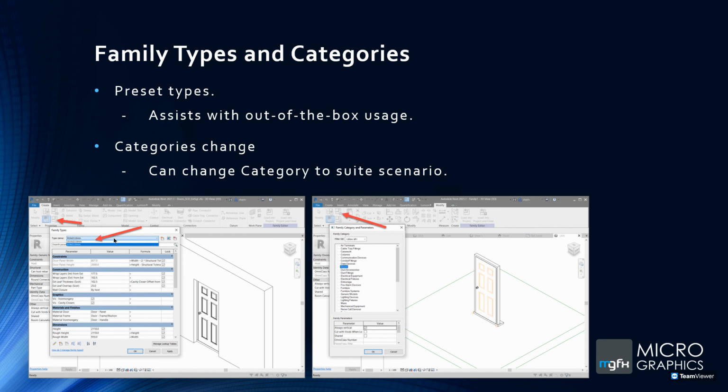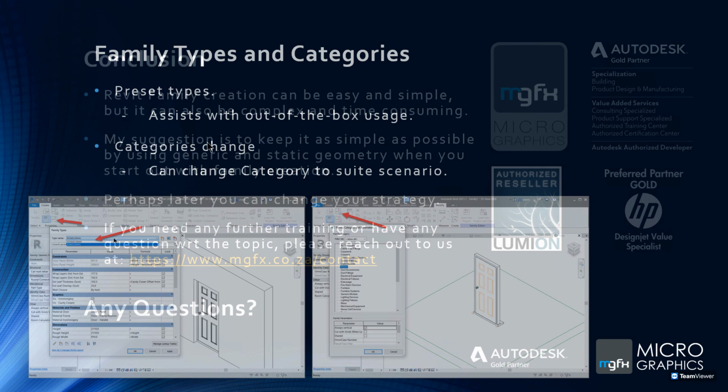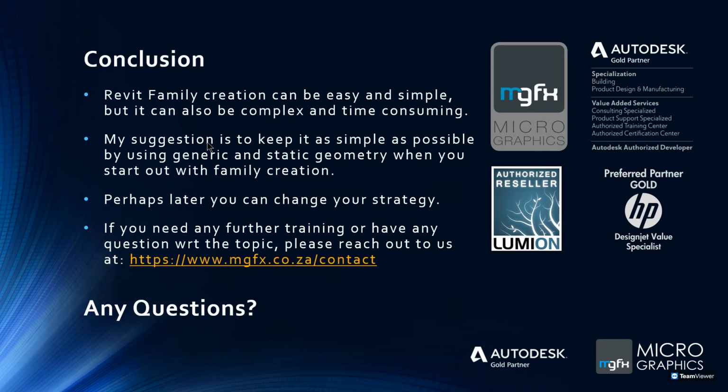So a lot of that example had come up a couple of years ago when someone wanted to place a door between two columns, and it couldn't be done with a normal door because of the need for a host, or the wall. So we just did that little workaround, and they could place the door between the two columns, for instance. All right. So that's in a nutshell, just a little bit of how to approach your content.